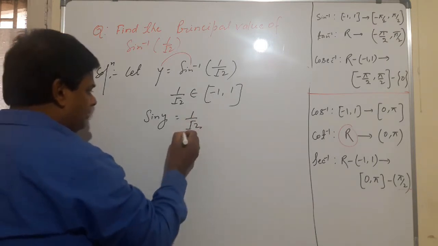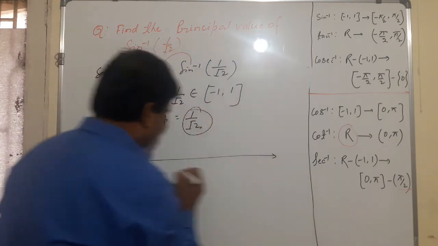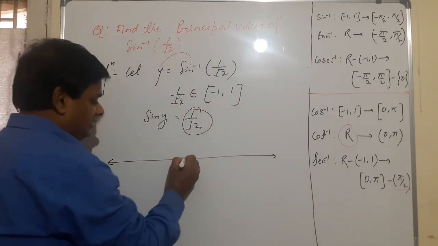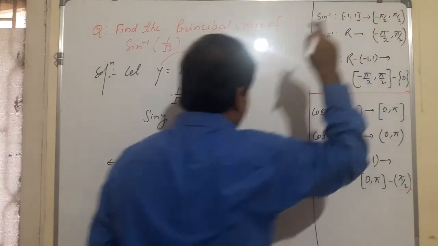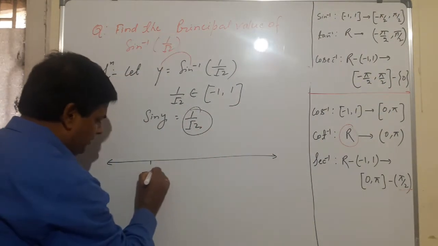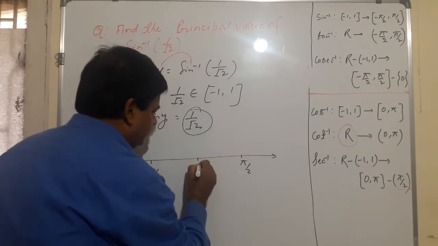Now 1 by root 2 is positive. Because the principal value range is minus pi by 2 to pi by 2, with 0 in the middle.